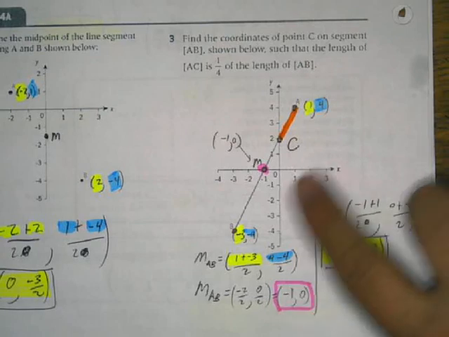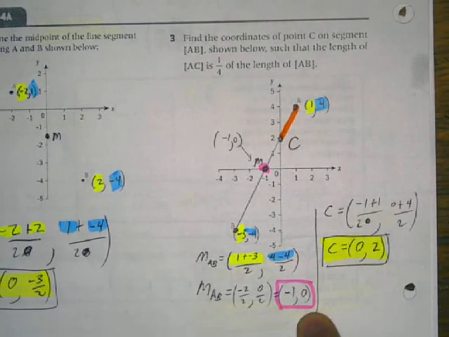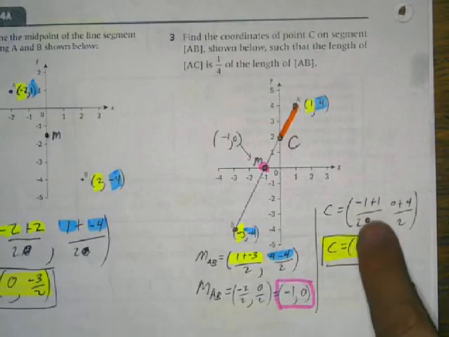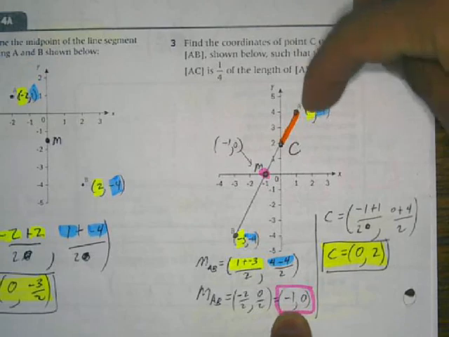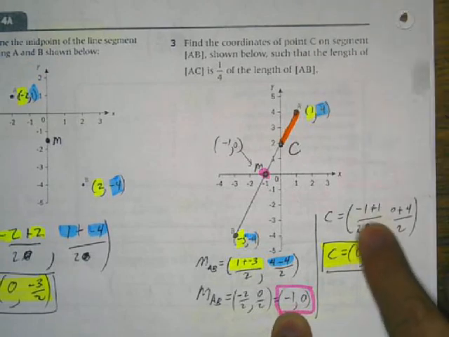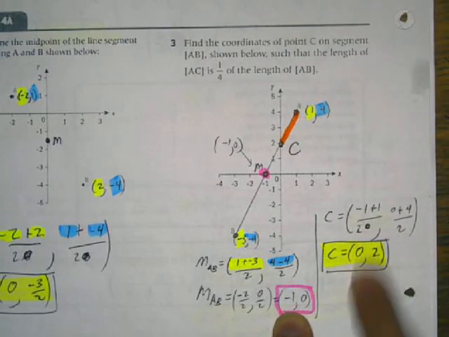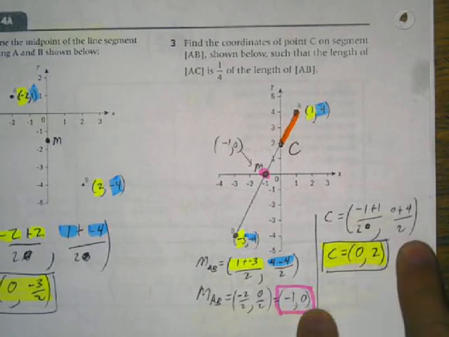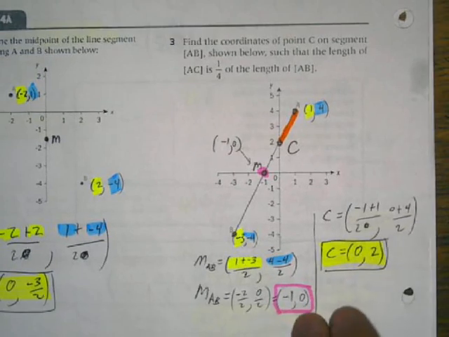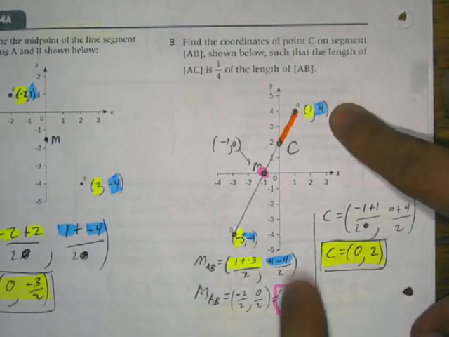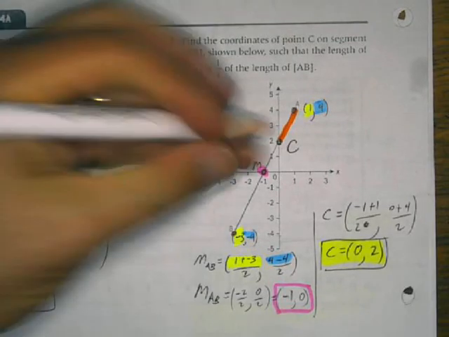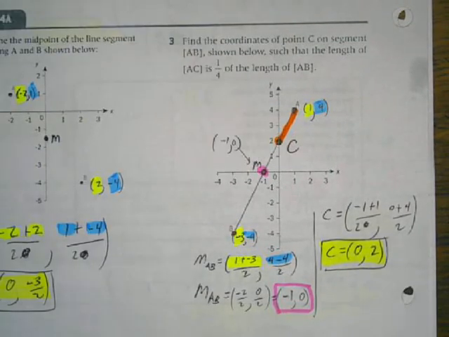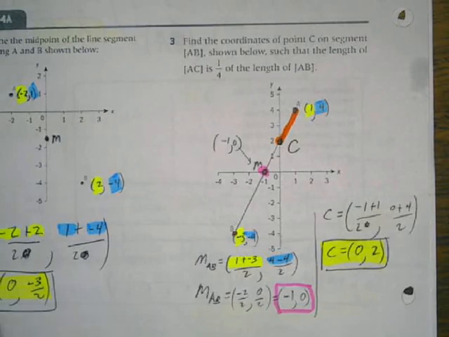So I know this point right here, the -1, 0, so I can take the average of the x values, so -1 and 1, and we're going to get -1 plus 1 over 2 is going to give me 0. And let's take the average of the y values, 0 plus 4, add them together, divide by 2, and we get 2. So 0, 2. And then you can even see on the graph, it looks like that would be the case. All right, next page.